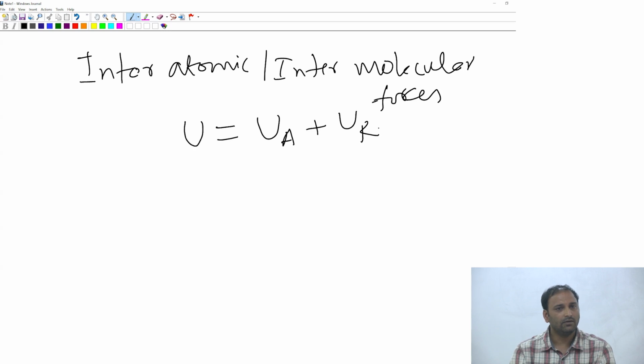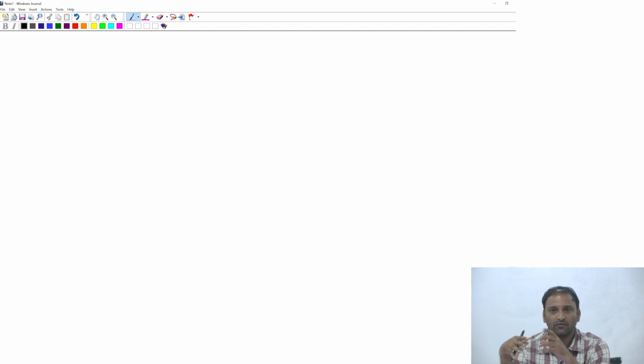There could be different contributions to the total interaction potential between the atoms and molecules. You would have heard of the things that contribute to this: atomic bonding, ionic bonding, covalent bonds, metallic bonds, van der Waals forces. All of these contribute to the interatomic or intermolecular forces.